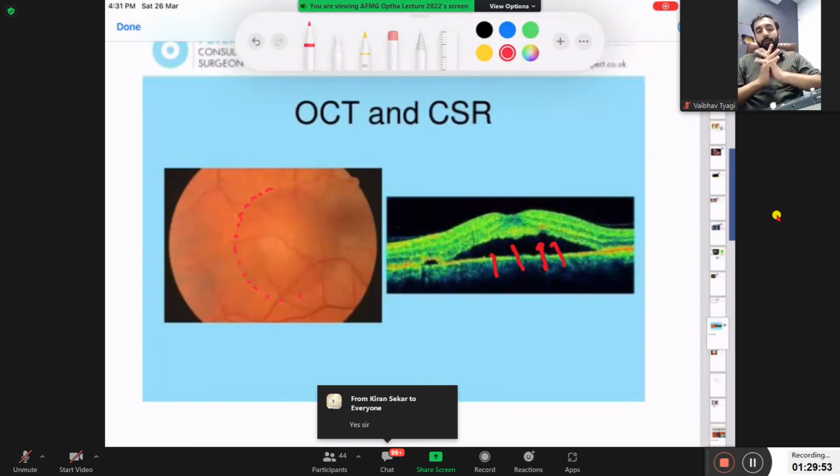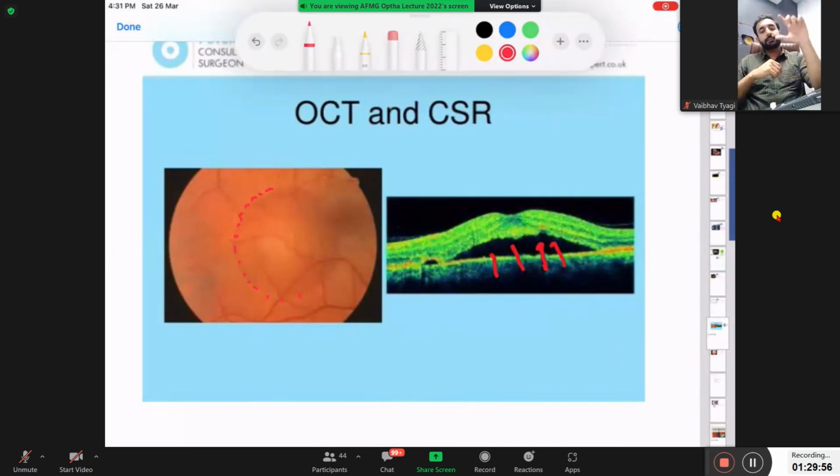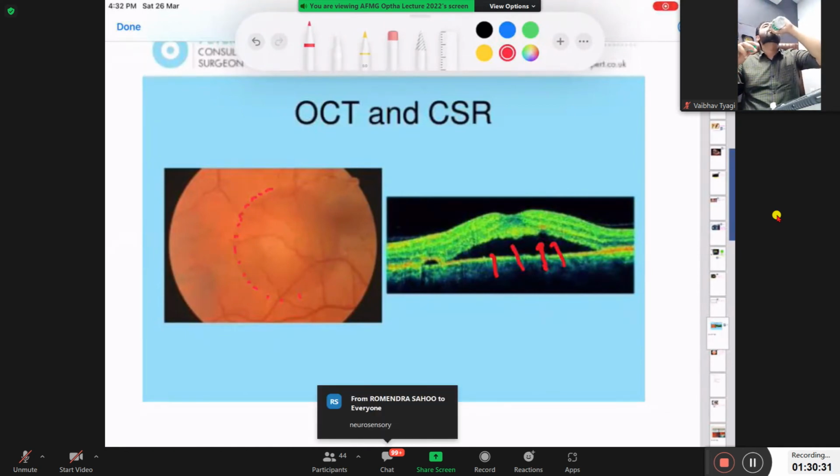Go back to the anatomy of the layers of the retina. We have discussed that there are 10 layers of retina, and the outermost one is RPE. The rest of the 9 layers apart from RPE are called the neurosensory retina.